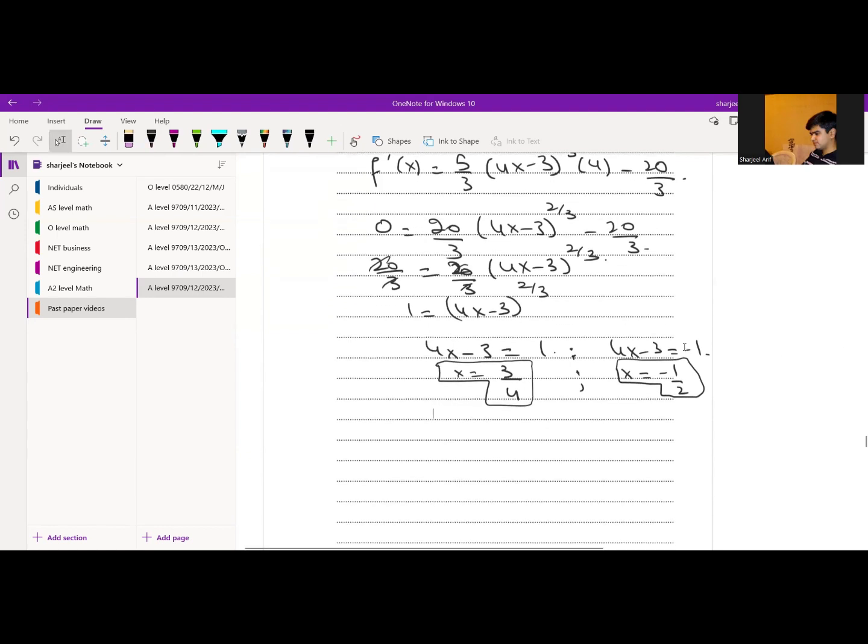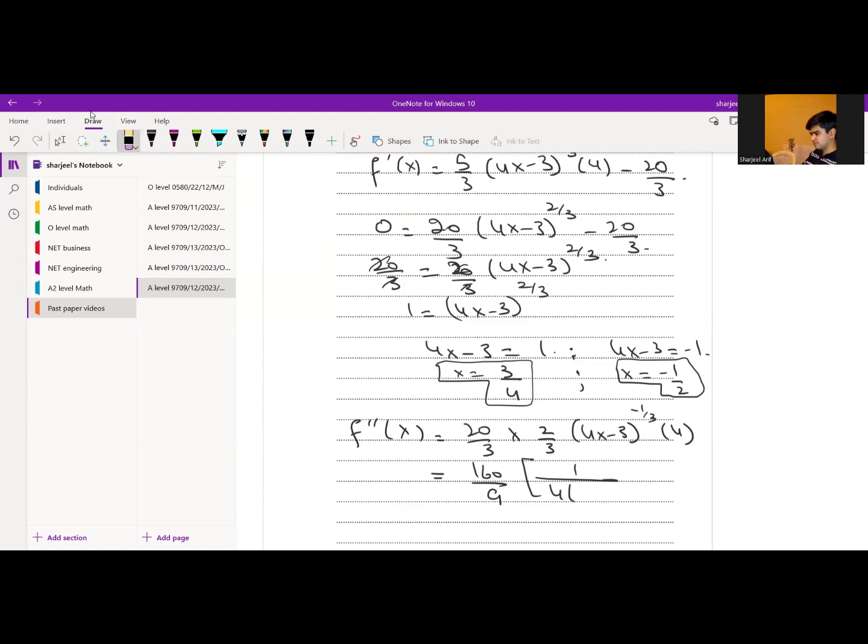Now we will find the second derivative, and that would be equal to 20 by 3 into 2 by 3 into (4x minus 3) power minus 1 by 3 into 4. This will become 160 over 9 times (4x minus 3) power minus 1 by 3. We will substitute the value of x in it.